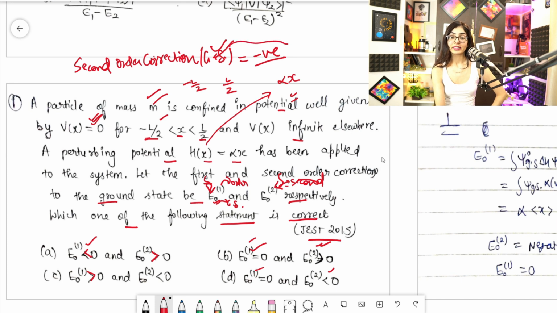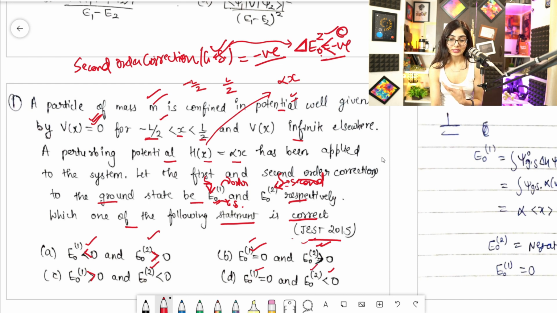If I write it as delta E0 second order, it will always be less than 0. So now I'll look at those options where the second order correction is negative. Let's see in which cases it is negative.